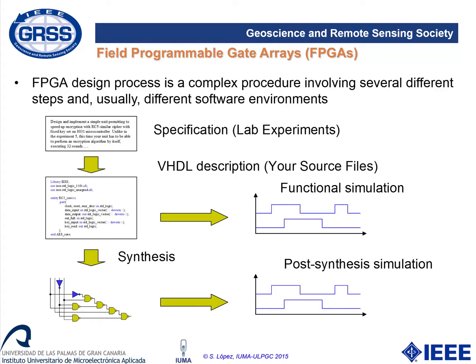Then if the code is functionally correct, what we have is typically the synthesis process, also helped by a software tool, in which we translate our code into a set of logic gates, and then we can perform a post-synthesis simulation in order to know if everything is still going well.